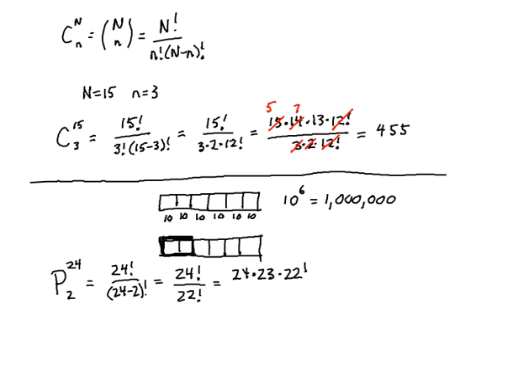So really I just have 24 times 23 times 22 factorial, and that will cancel with my 22 factorial in the denominator, and all I'm left with is 24 times 23, which works out to be 552 possible permutations of those 2 letters.